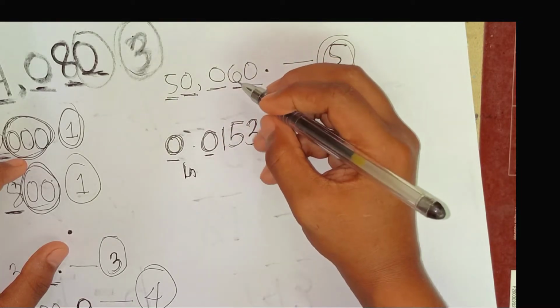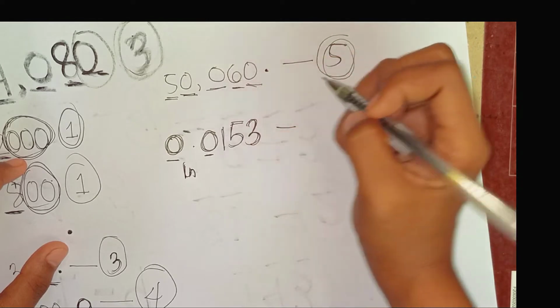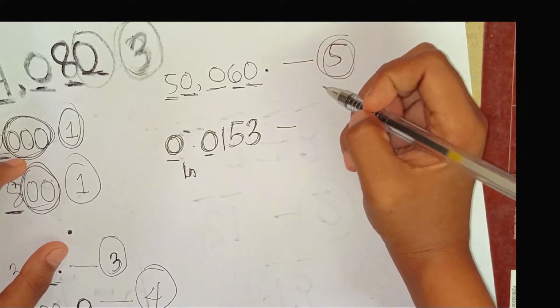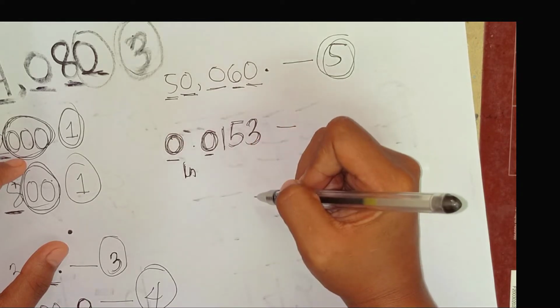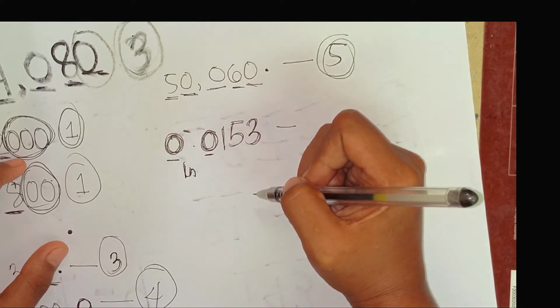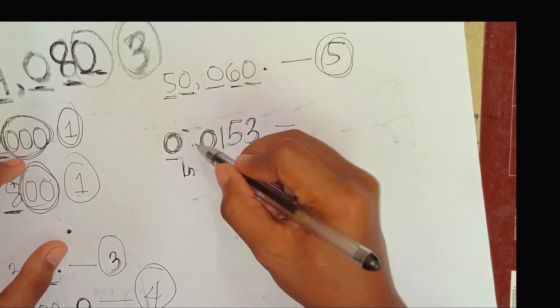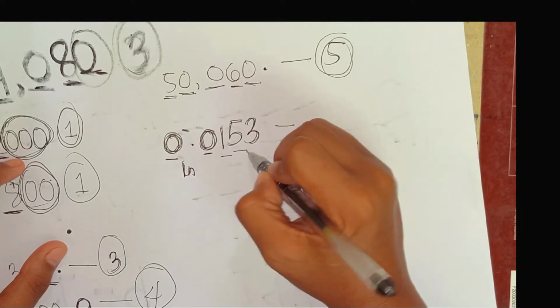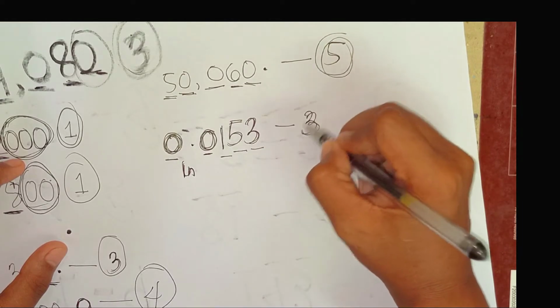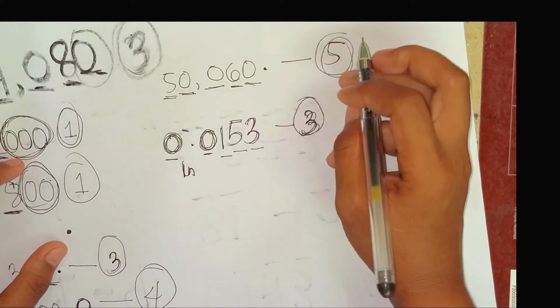So they are not counted as significant figures. So these two leading zeros here are not counted even if it has a decimal point. So we have only 1, 2, 3. We have only 3 significant figures.